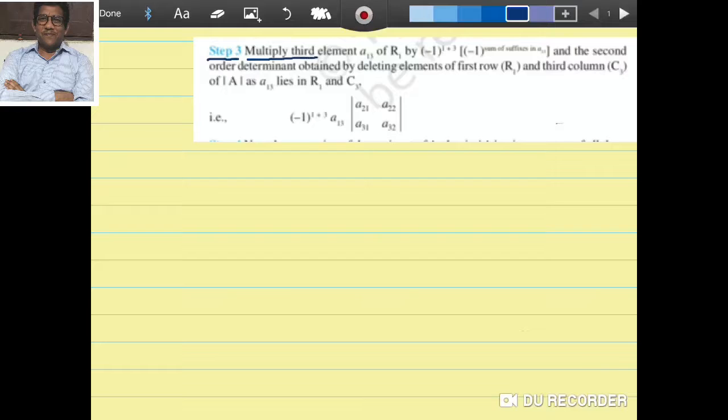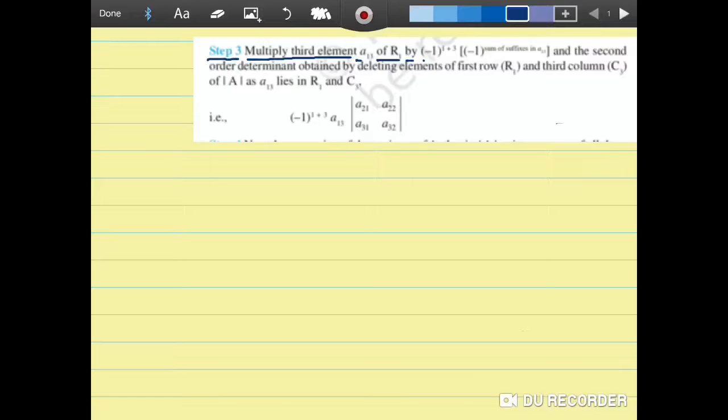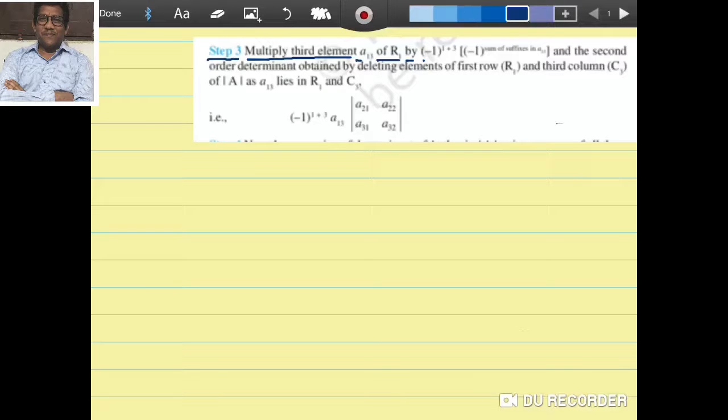multiply third element A13 of R1 by minus 1 to the power 1 plus 3 and the second order determinant obtained by deleting element of first row and third column of determinant A, as A13 lies in R1 and column number 3.